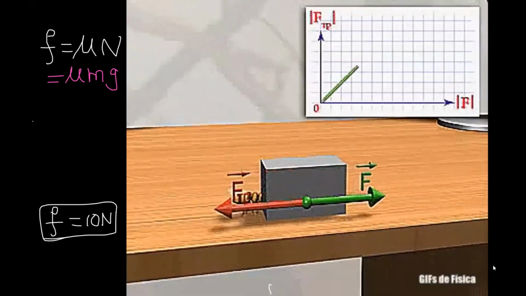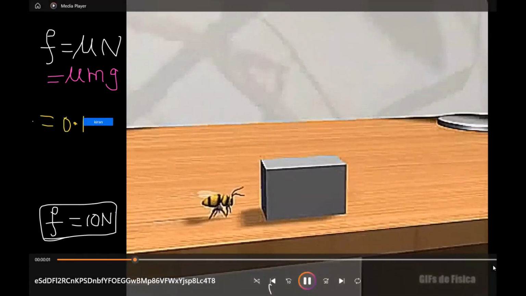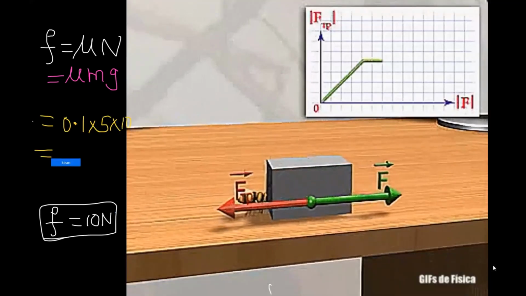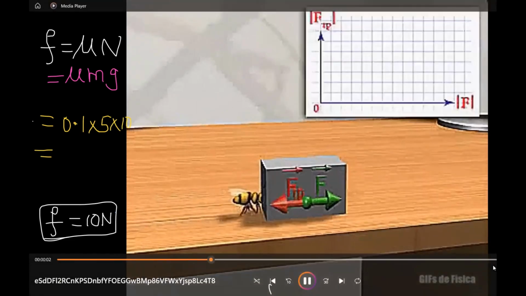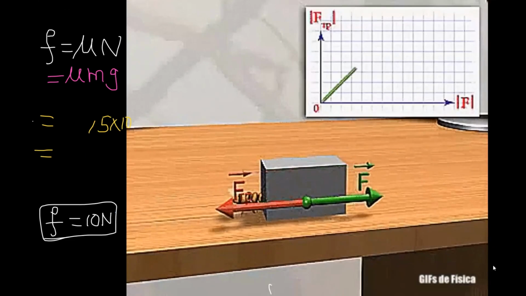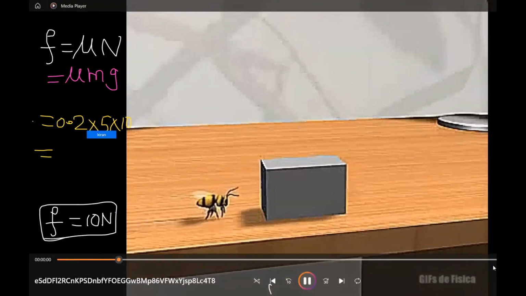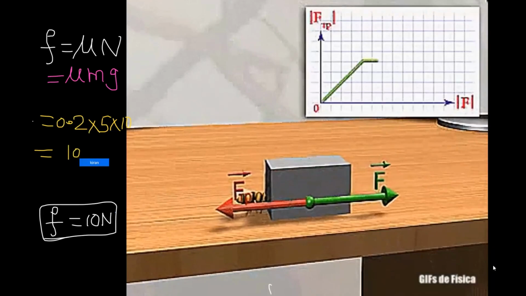By multiplying the mass with 10, mg, right? So you did 0.2 into 5 into 10. So how much is the answer you are telling? 10 Newton. Correct or not?